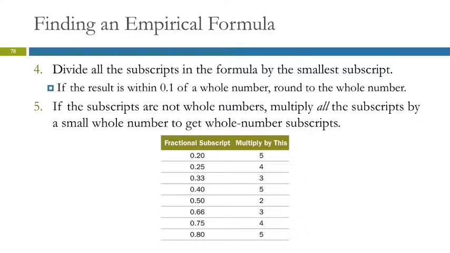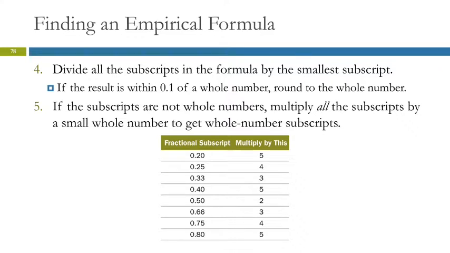You might end up with 2.5 or 3.72 or something. Then you need to multiply all the subscripts by the same number until you get nice whole numbers. So here's a table showing different fractional subscripts and what you should multiply them by.